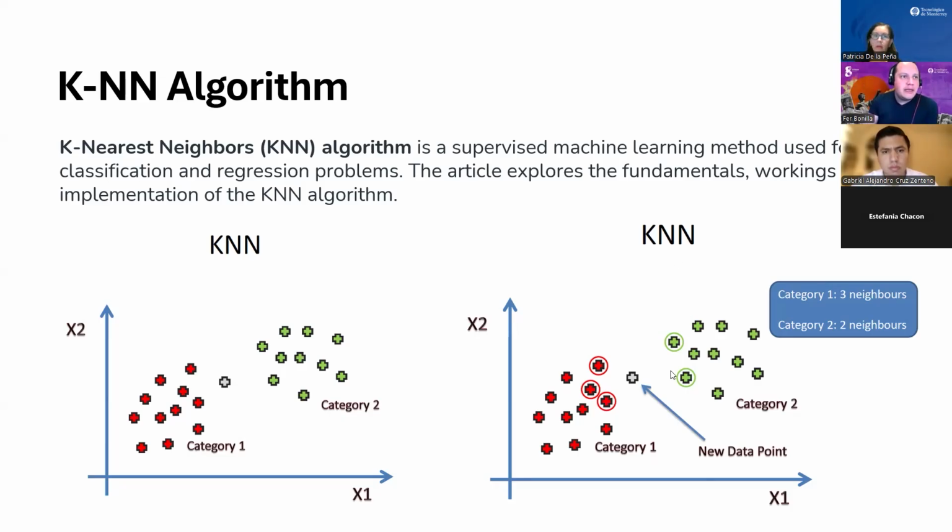For instance, in this example, the gray cross is nearer to 3 red crosses than to the 2 green crosses.